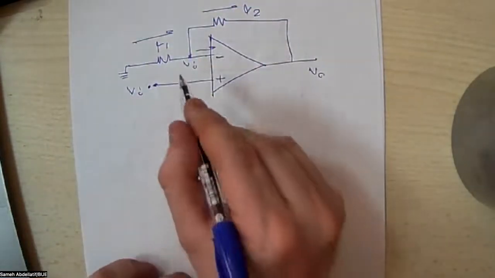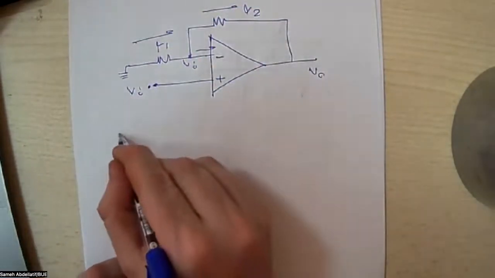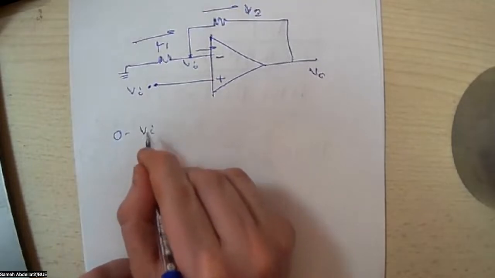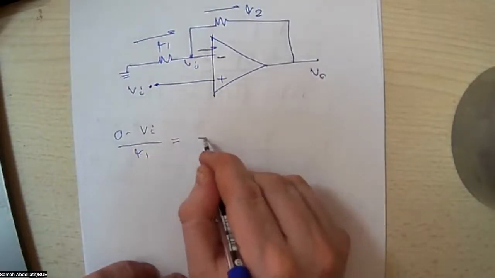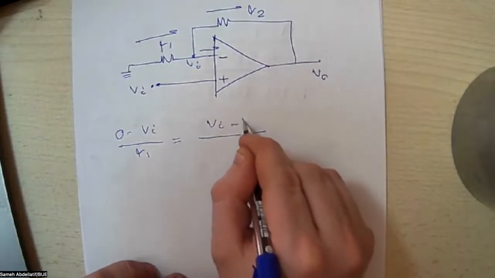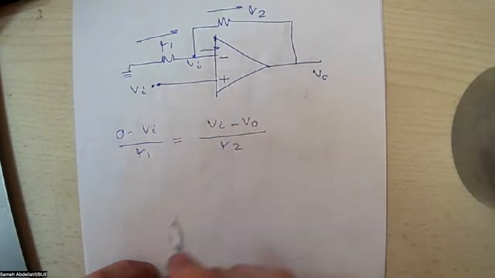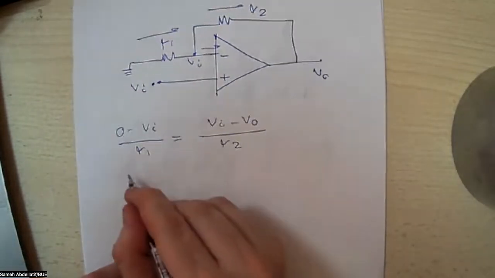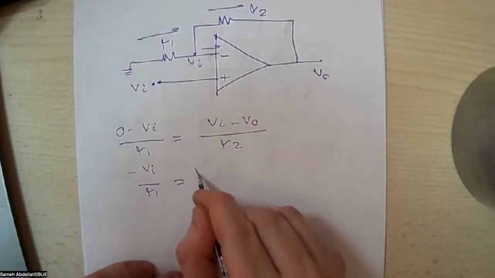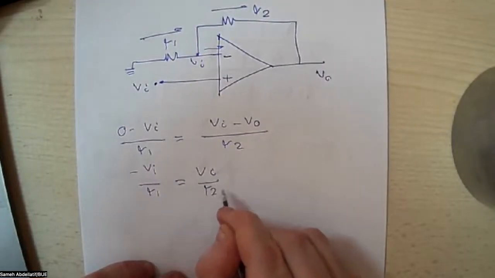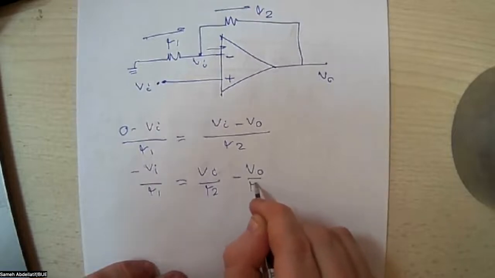So we can write a nodal equation at this node saying that 0 minus V input over R1 equals V input minus V output over R2. Accordingly, negative V input over R1 equals V input over R2 minus V output over R2.